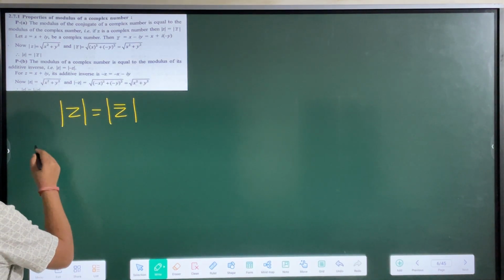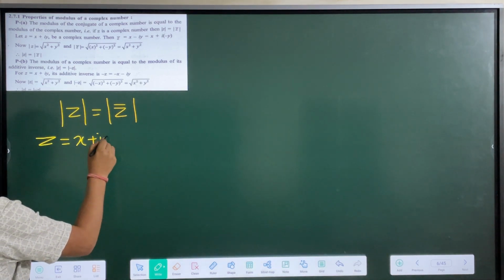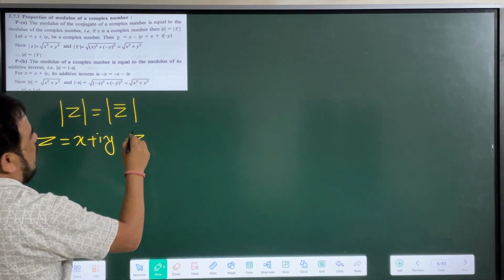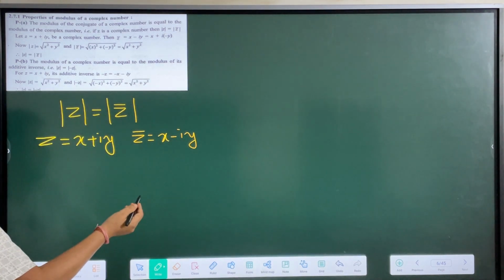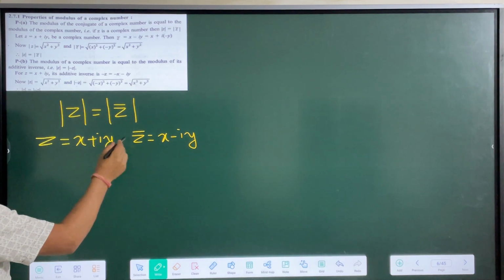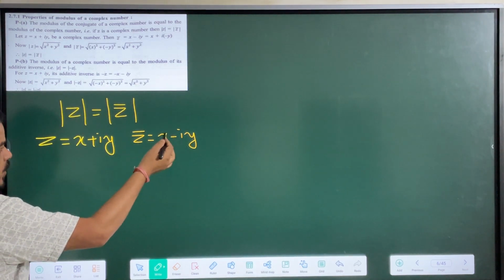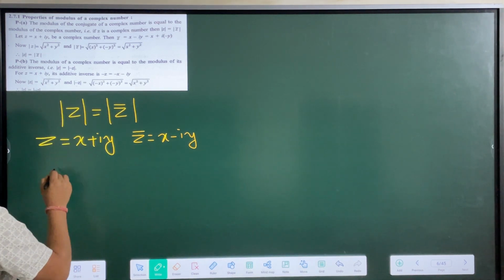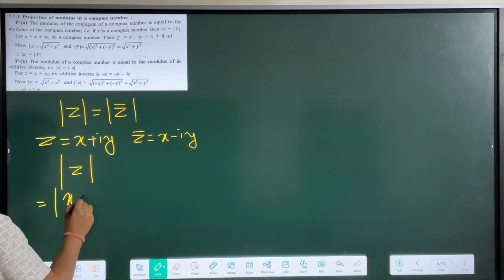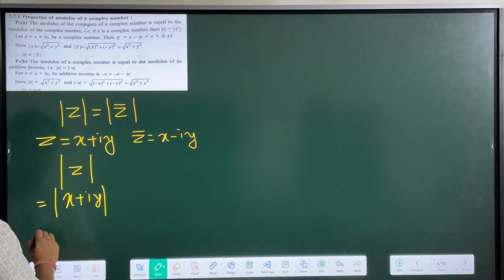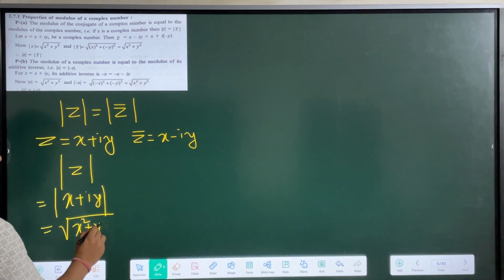How? Let us see an example. First, directly, suppose z is equal to x plus iy. So z bar is x minus iy. That we know already. Only the imaginary part sign gets changed. Now the left hand side: mod of x plus iy is root of x square plus y square.